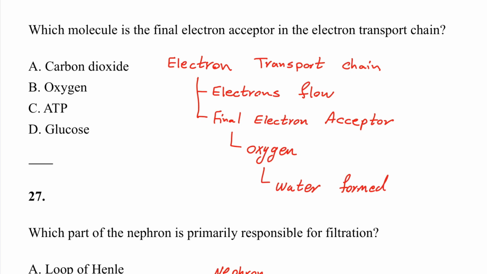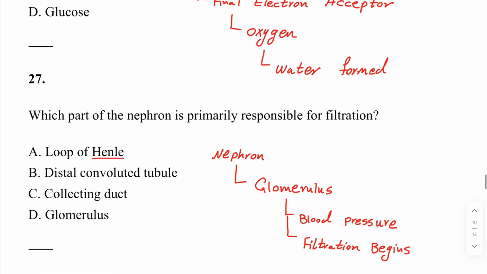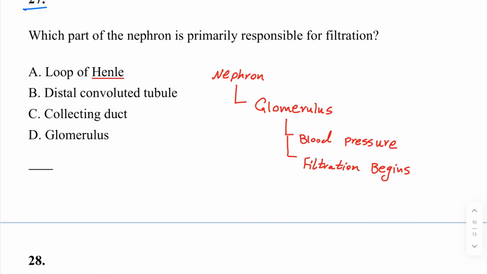At the end of the chain, those electrons must be accepted by another molecule. Oxygen serves as the terminal electron acceptor. Therefore, oxygen is the final electron acceptor. Option B.